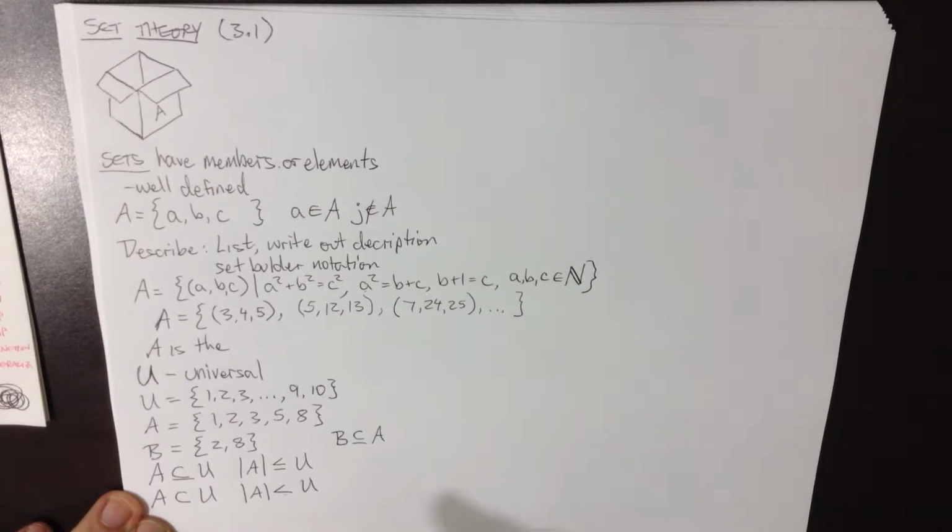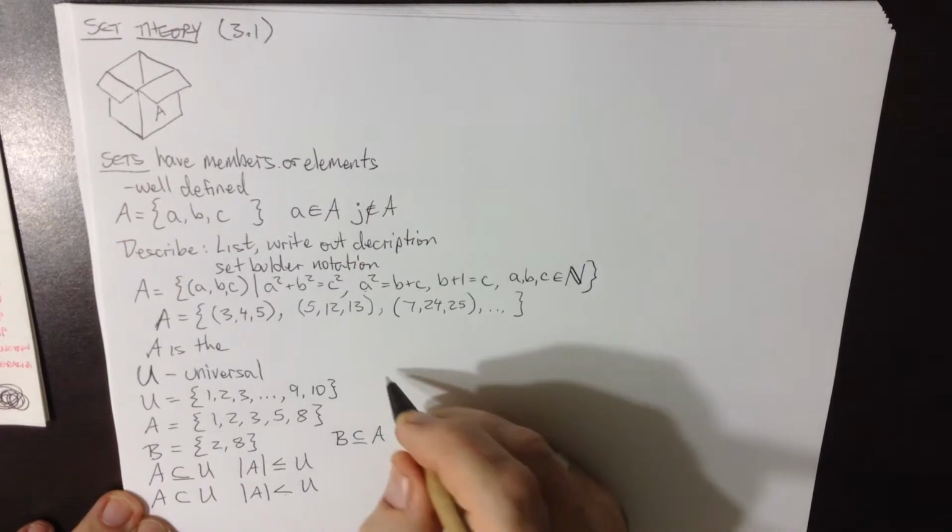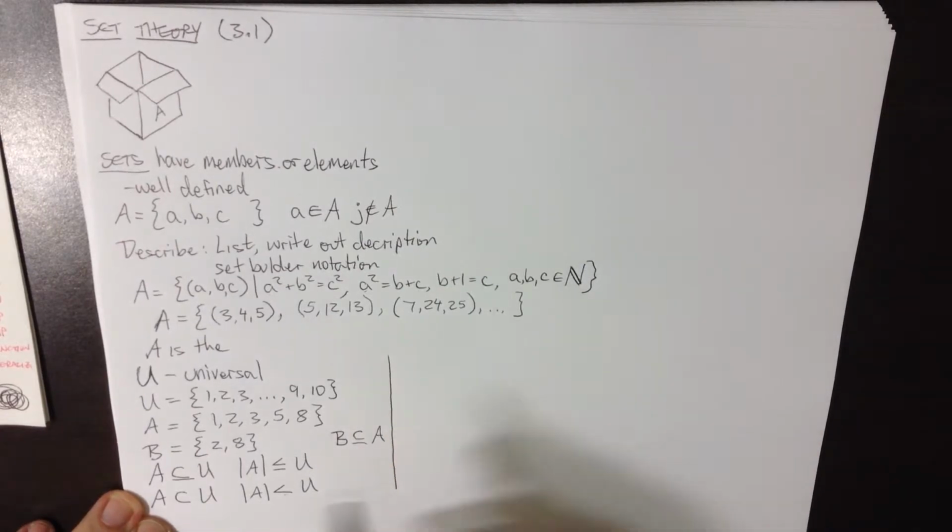Okay? Before we start talking about set equality, let me ask you one thing. We'll actually come back around to this, but since we're talking about subsets, I just wanted to say one thing.